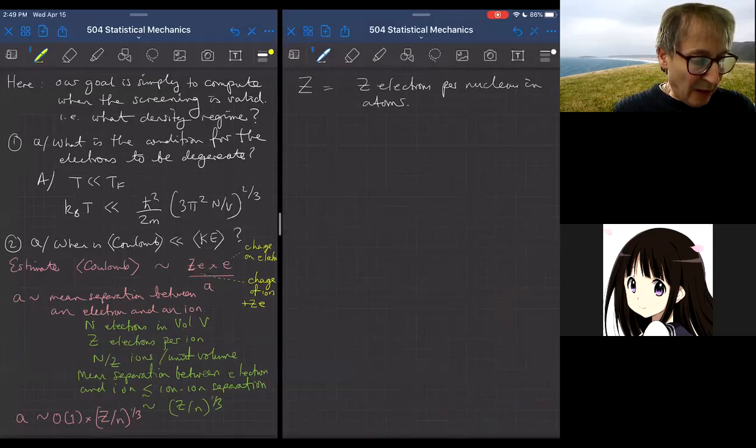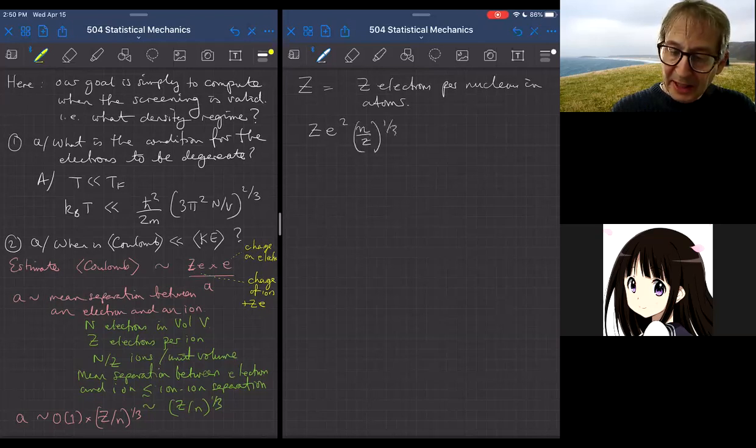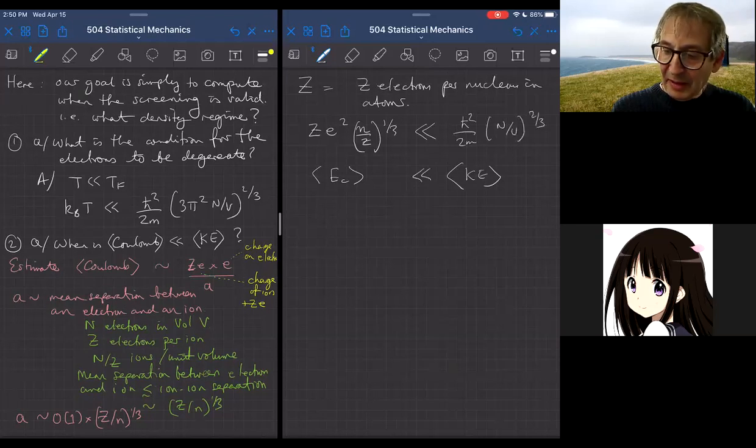So what we require is that the potential energy, so Ze² times (n/Z)^(1/3), so that's the potential energy, should be less than the kinetic energy. And so this kinetic energy is then ħ²/2m times (n/V)^(2/3) times some pi's and so on, 3π².